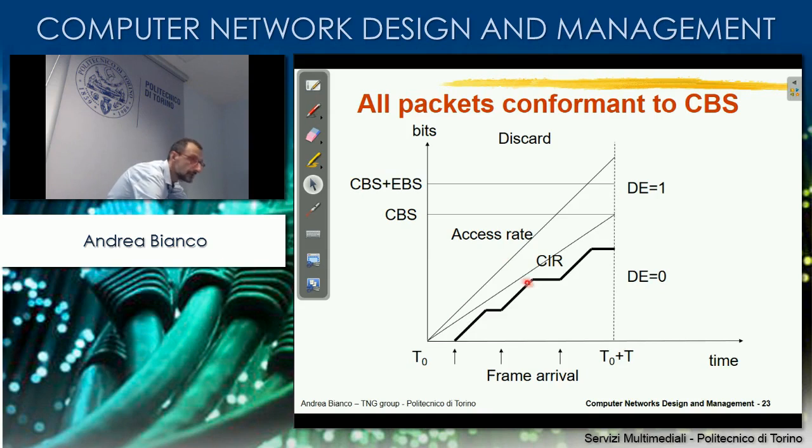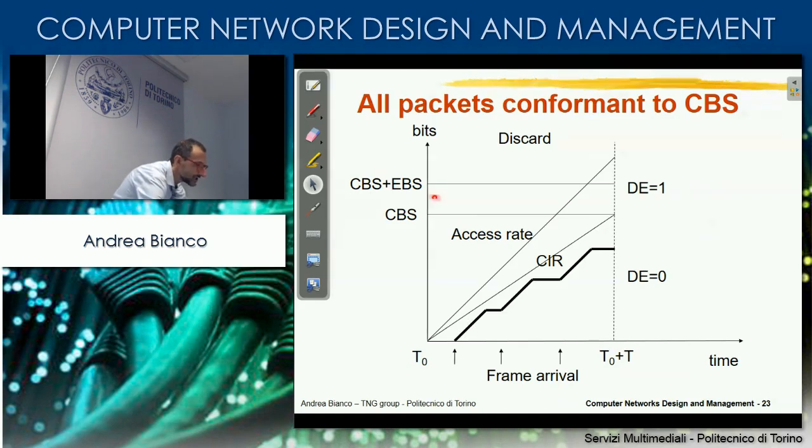This line here represents the CIR. Why? Because over T, we are generating CBS bytes. So if this is CBS and this is capital T, this line here is the average rate named CIR, because in the CIR, we are generating exactly CBS bits over capital T, if you remember the definition of T, CBS, and CIR. Okay? Is it clear?